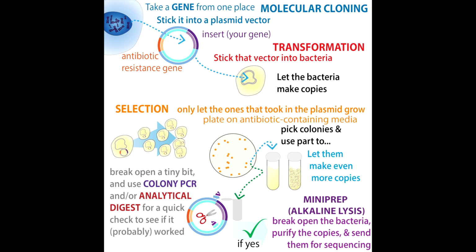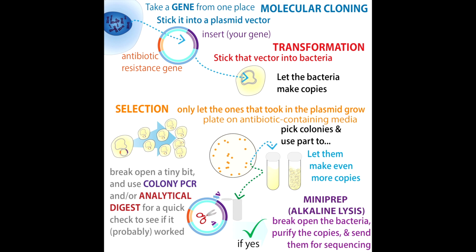And each bacteria in the glob should be genetically identical, barring any mutations that occur during the copying process. So that means that one colony might have just the original plasmid.